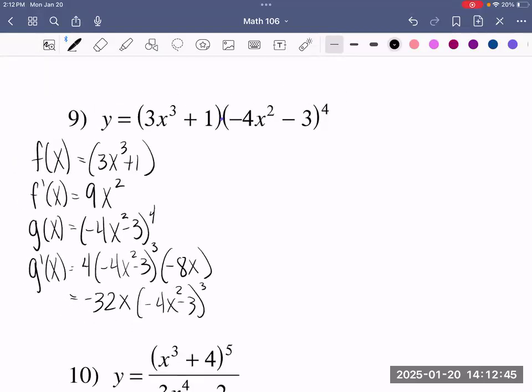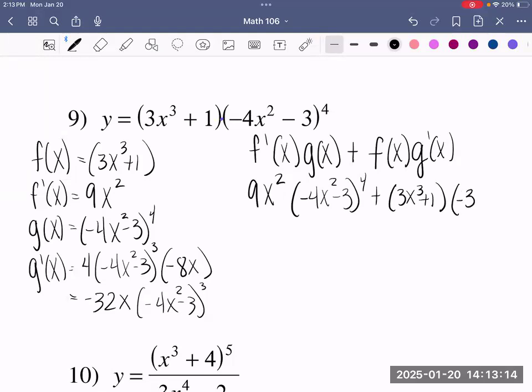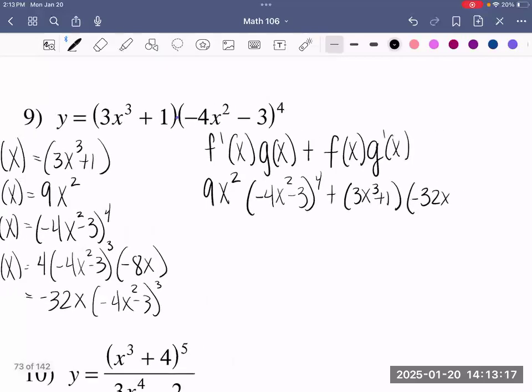Now let's recall the product rule. This says that we're going to take f prime of x, multiply it by g of x, plus f of x multiplied by g prime of x. So let's put it all together: f prime times g, plus f times the chain rule.